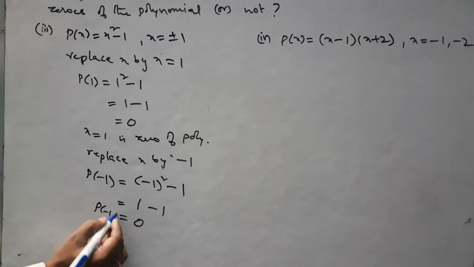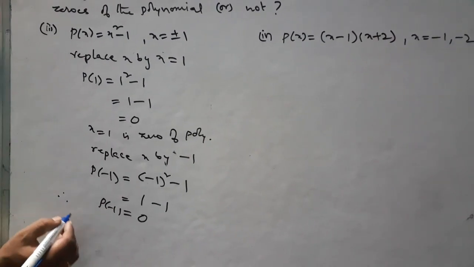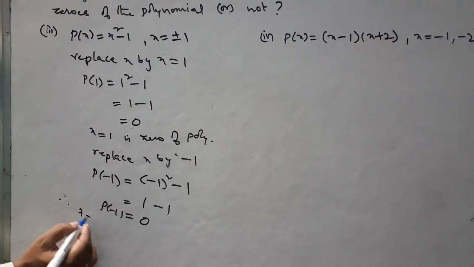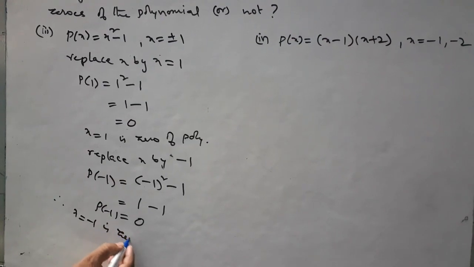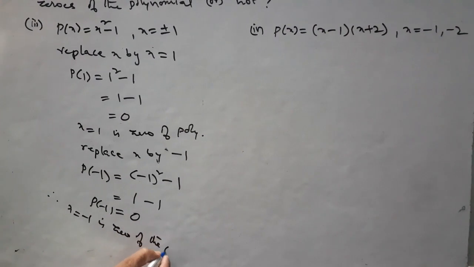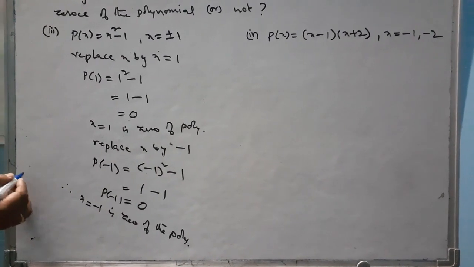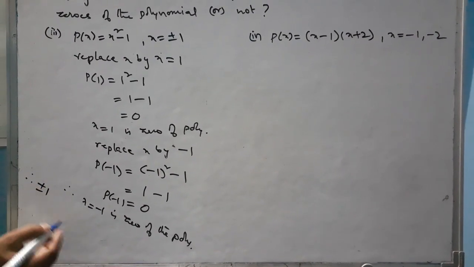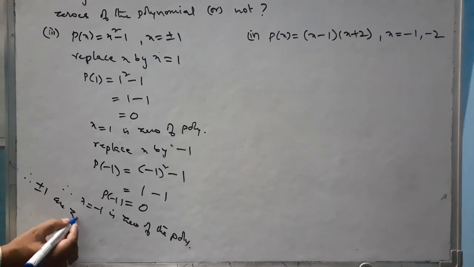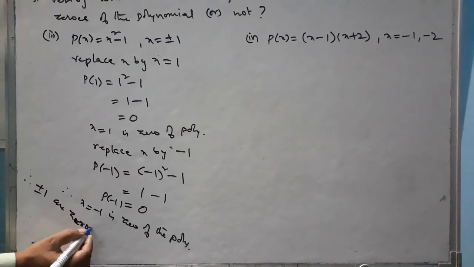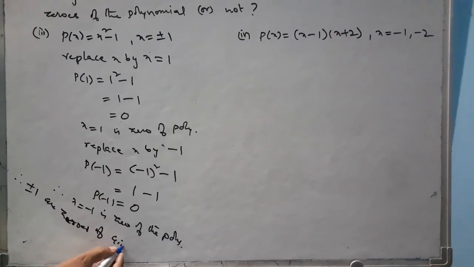So p of minus 1 equals 0. So therefore x equal to minus 1 is also a zero of the polynomial. Therefore plus or minus 1 are zeros of the given polynomial.